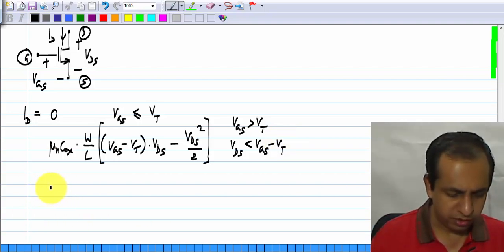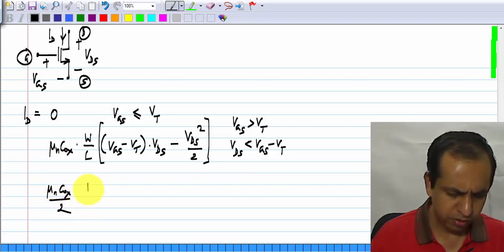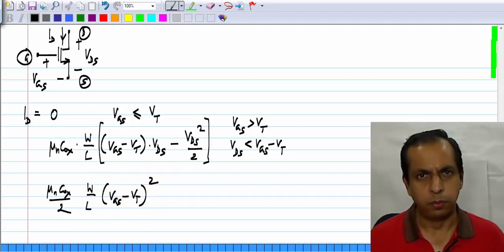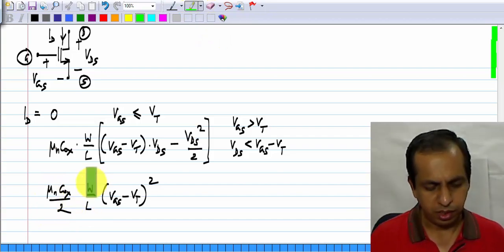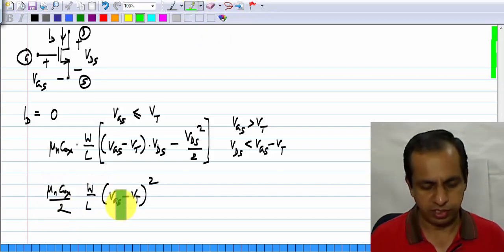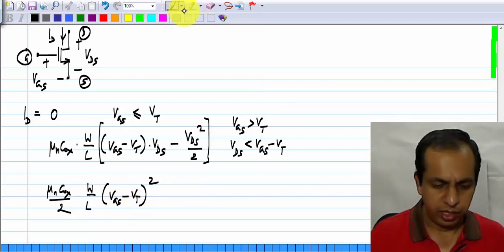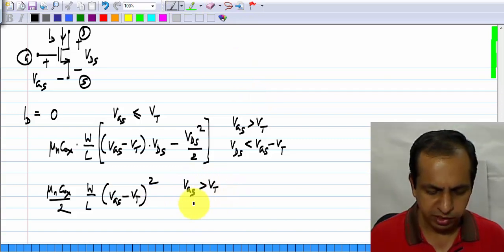And there is a third region where the current is this constant mu on Cox by 2 times W by L, which is some other constant of the transistor, VGS minus VT squared. And this happens when VGS is greater than VT and VDS is greater than VGS minus VT.